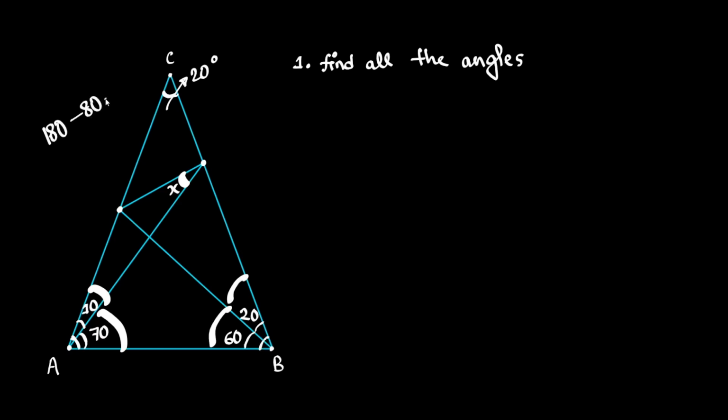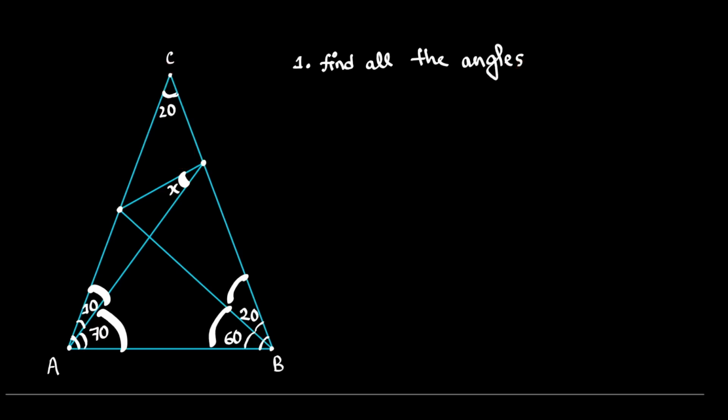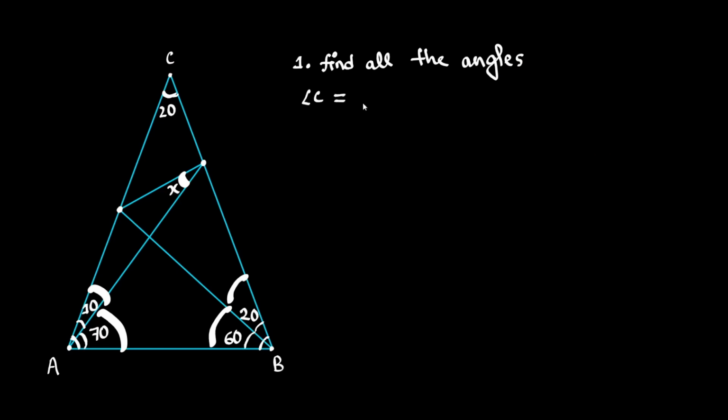So 180 minus 80 minus 80 is equal to 20. So C is 20. Let's write it in a proper way: C is equal to 180 minus (80 plus 80), which is equal to 20.